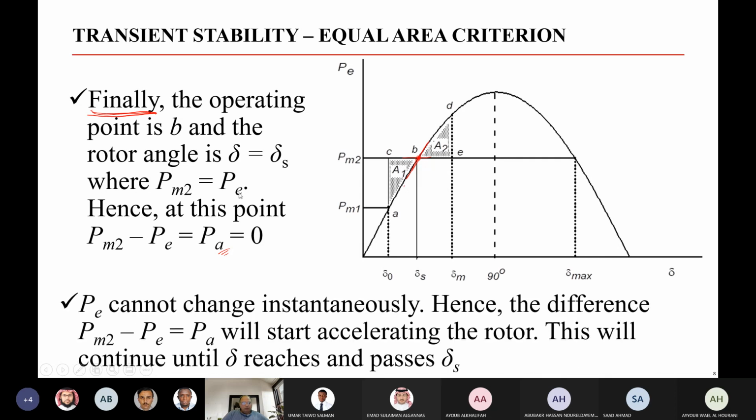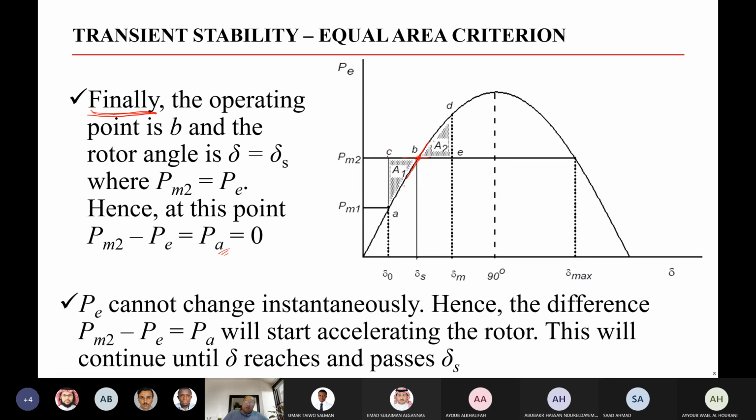The electrical power cannot change instantaneously. Hence, the difference B mechanical 2 minus B electrical equals B acceleration, which will start accelerating the rotor.